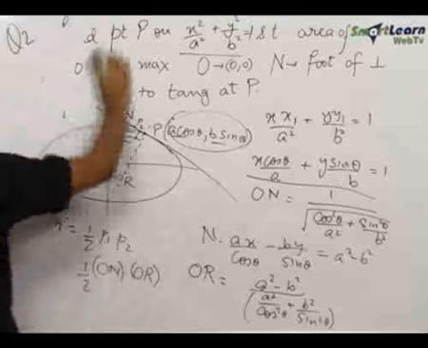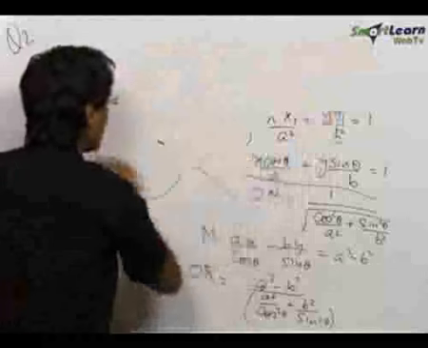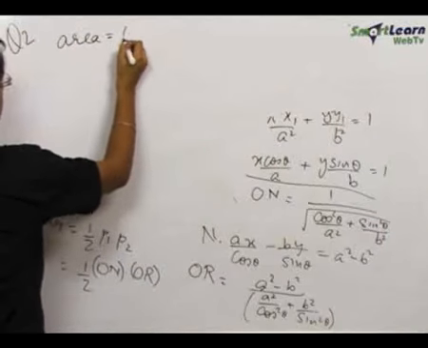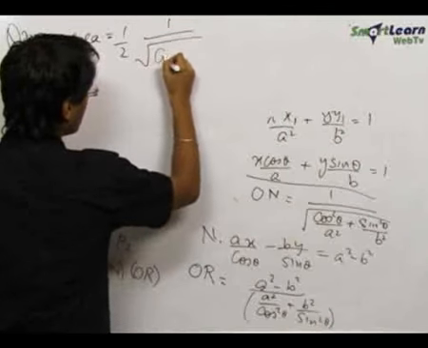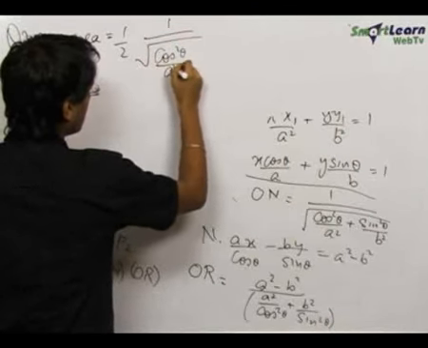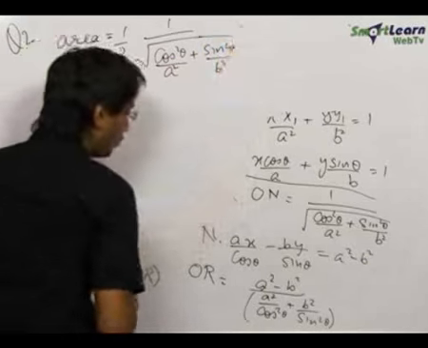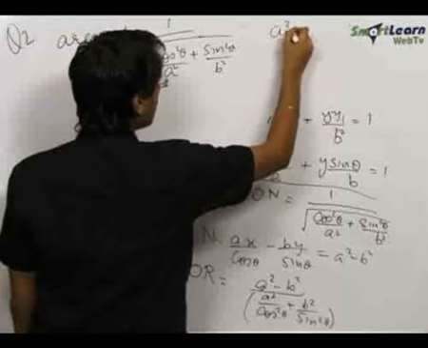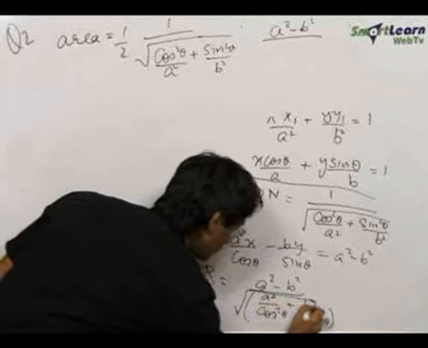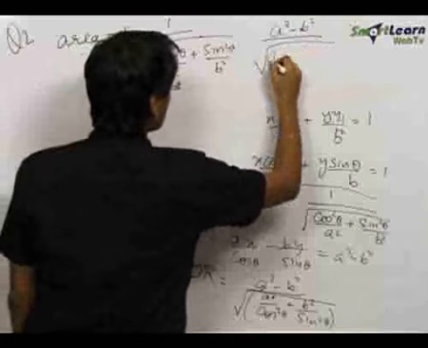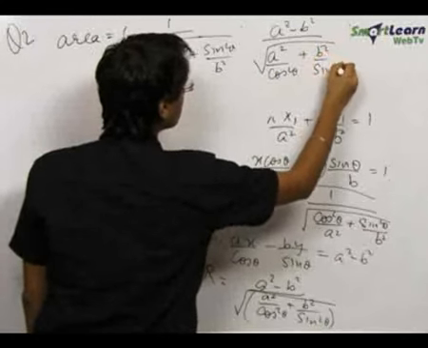Now what we need is to find the product of ON and OR. Area will be equal to half ON into OR, that is equal to a square minus b square upon, mind you, under root a square by cos square theta plus b square by sin square theta.